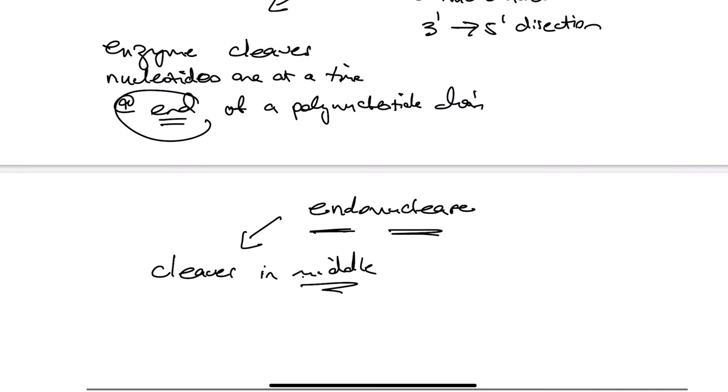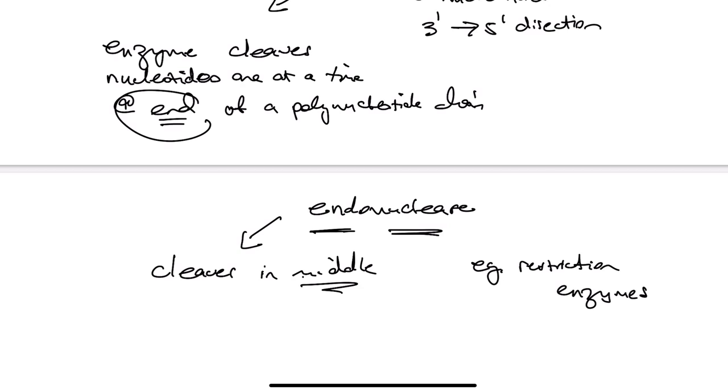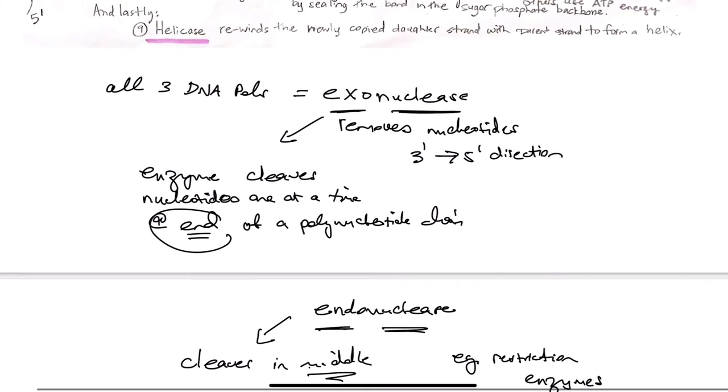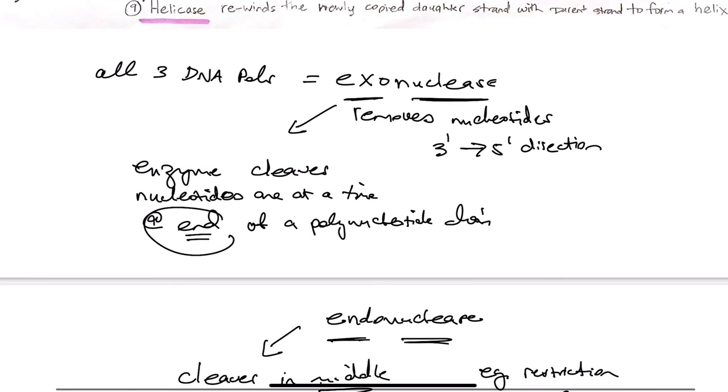Many of our restriction enzymes are endonucleases. So when we learn about EcoR1, for example, we'll mention that it is an endonuclease, a restriction enzyme. So all three DNA pols, remember, are exonucleases, and they have the ability to remove nucleotides in the 3' to 5' direction.